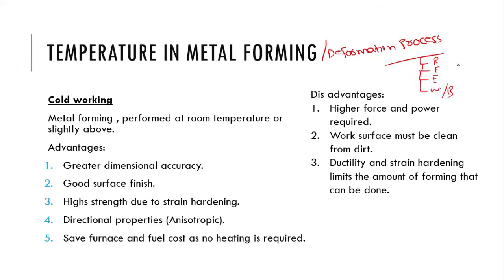And these four processes can be performed in three ways. The first one is called hot working, or you can perform these four types of deformation process as cold working or warm working.